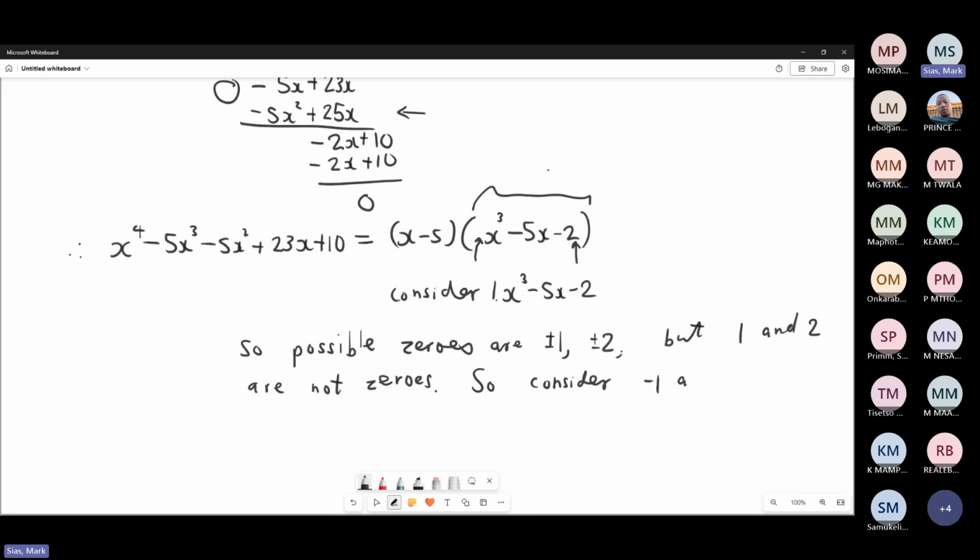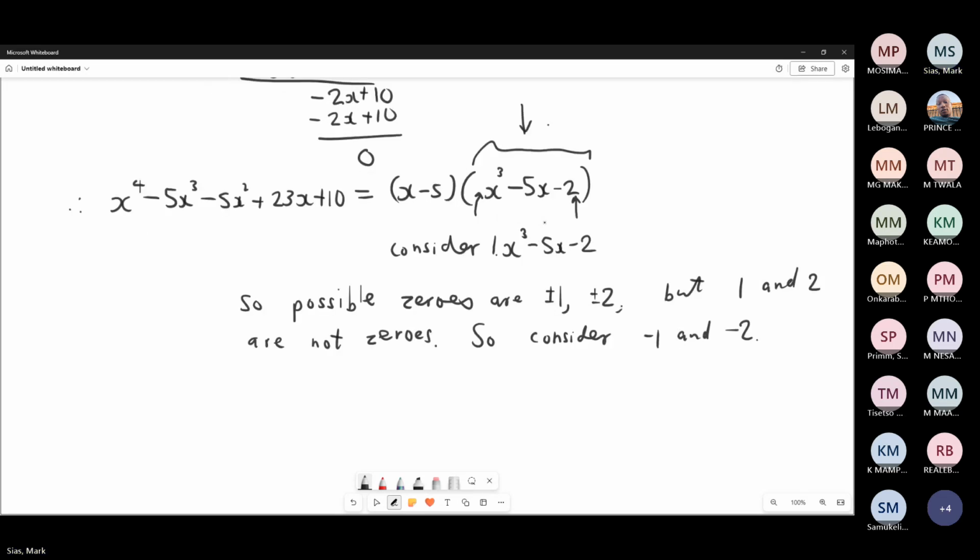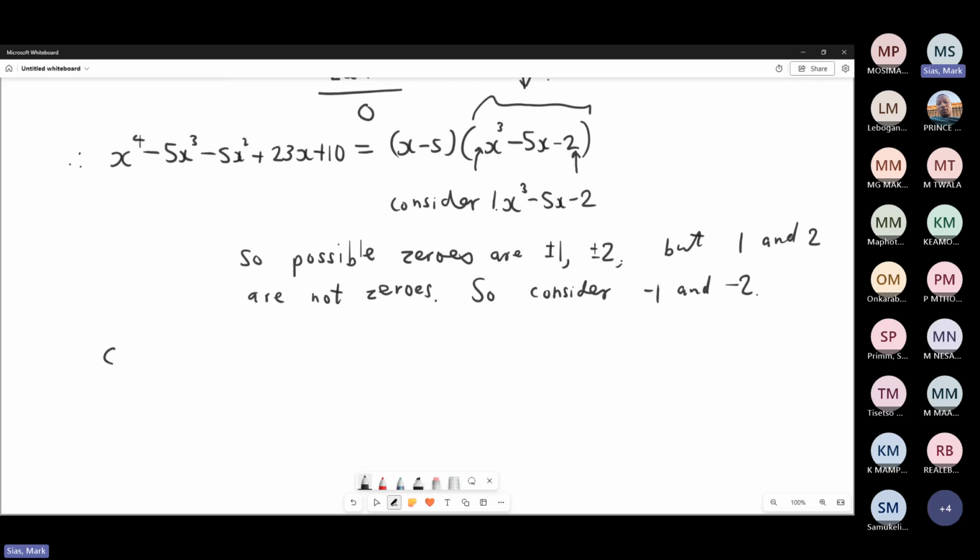So consider -1 and -2. When you put -1 into here, what do you get? Let's see quickly what that will give us. Consider P of -1.